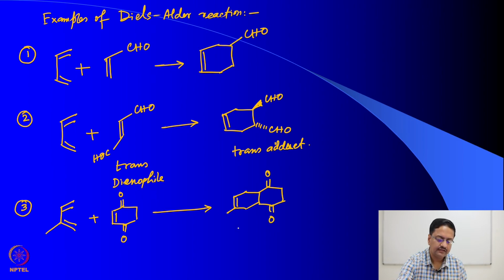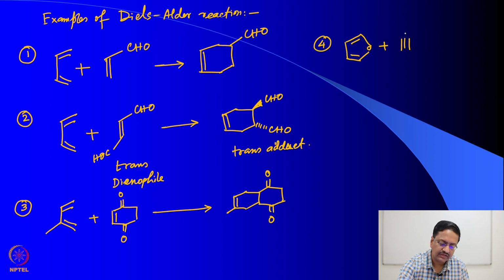So, similarly, let us take the fourth example with this diene, which is treated with a C triple bond C compound with CO2Et on either side.